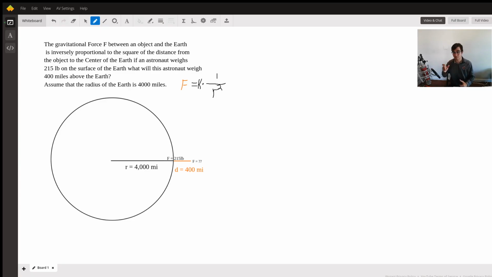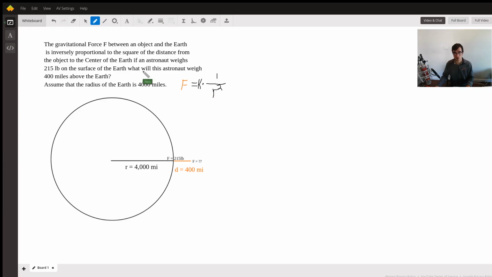Because if it had an exponent, that would throw off the proportionality. So we know that there's some constant which has an order of 1, that if we multiply it by this proportion, is equal to the force.